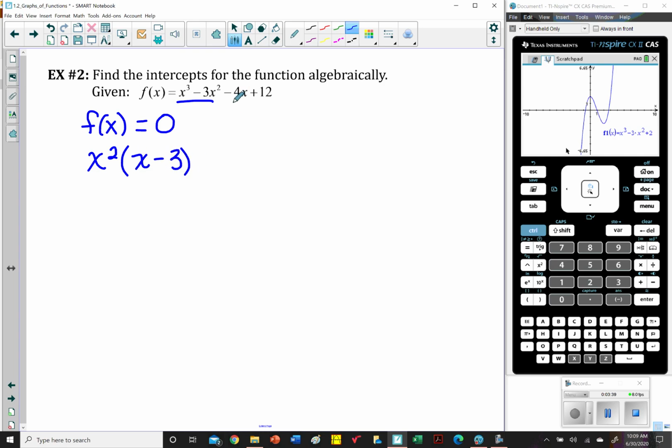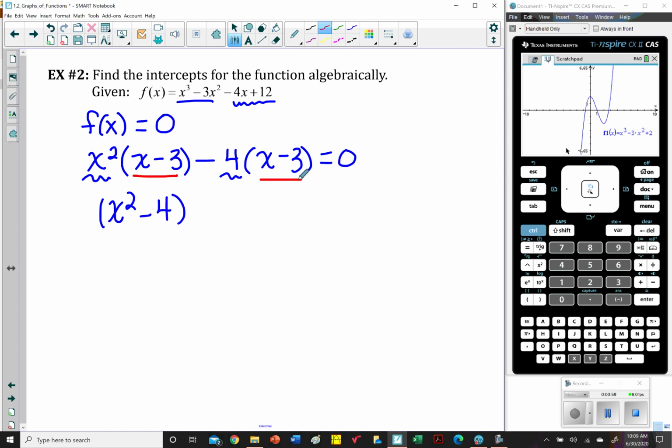And then in the second 2 terms, we can factor out a -4 and still have that common factor of x minus 3. So putting the x squared and the -4 together, x squared minus 4 times that common factor of x minus 3, those are going to reveal the roots for us.